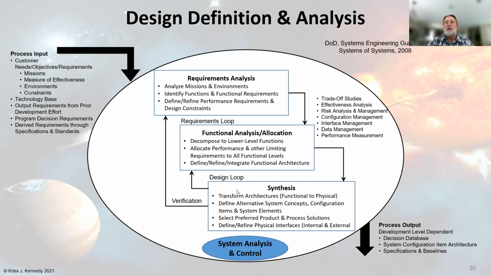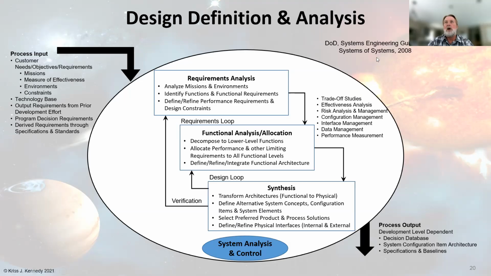That's your design loop, which gets into verification as well. This is your overall system analysis control of the activity in design definition and analysis. The output is your documented level dependent decision database, the system configuration item architecture, specifications, and baselines.